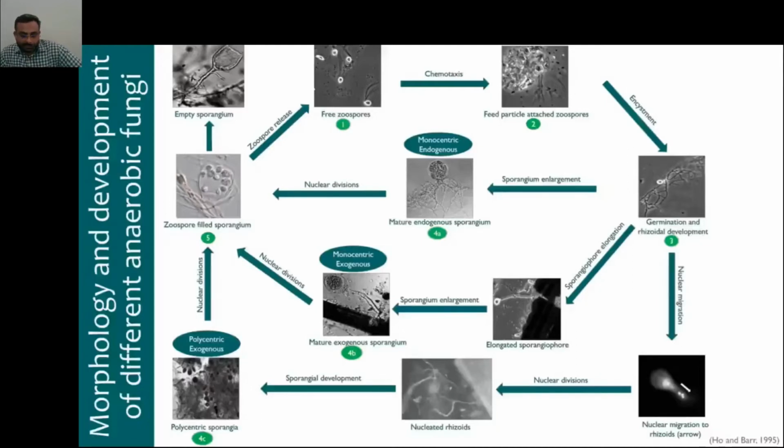So this type of development is known as polycentric exogenous development, and since multiple sporangia are produced from a single zoospore, this development is polycentric. So once this sporangium or sporangia have developed, after various nuclear divisions, zoospores are produced within these sporangia, and then these zoospores are released by way of different mechanisms, and again this entire life cycle starts.